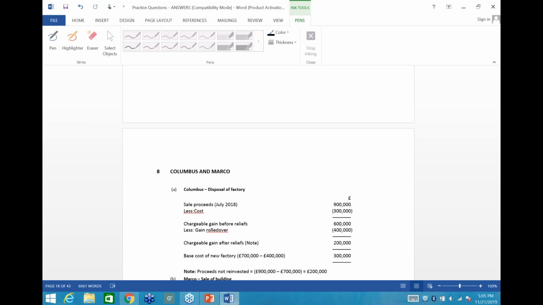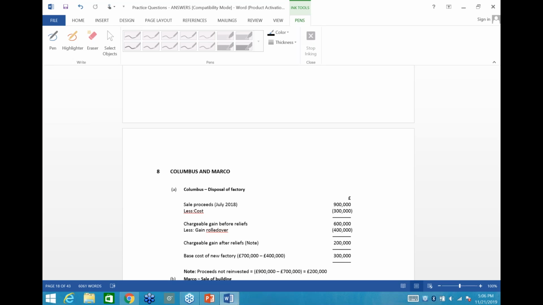Now, unlike an individual, when you are calculating the taxable income for a company, a company has a taxable profit. For individuals, we have two separate computations for taxable income and for taxable gains.